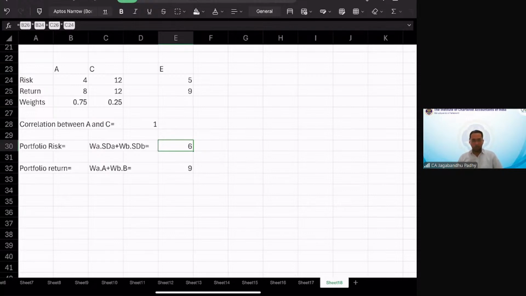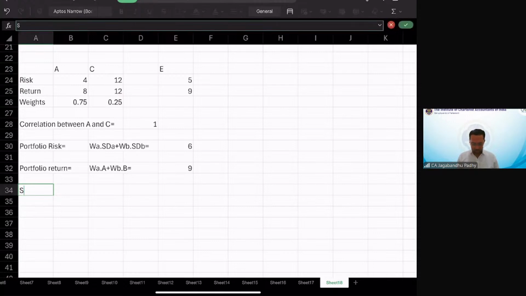So would we be preferring to invest in this portfolio, or would we be preferring to invest in the security E? A combination of A and C, is it better than the security E? E is better. Yes, E is better because there we find that the returns remain the same, but the risk is less.